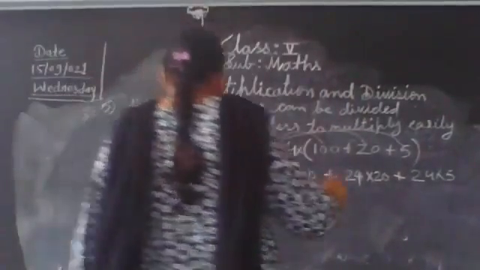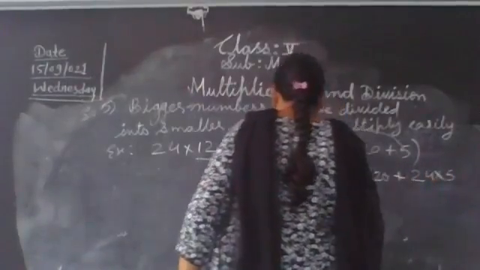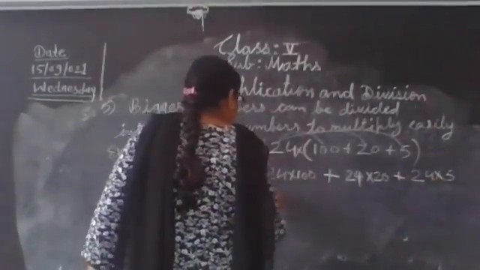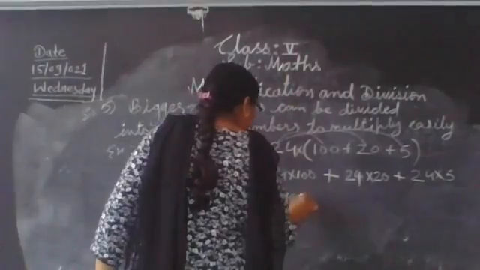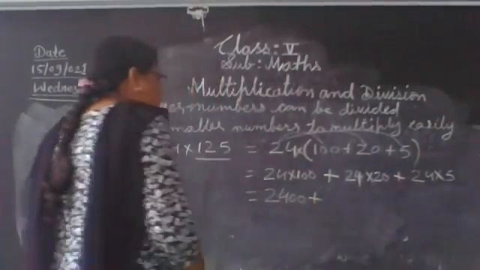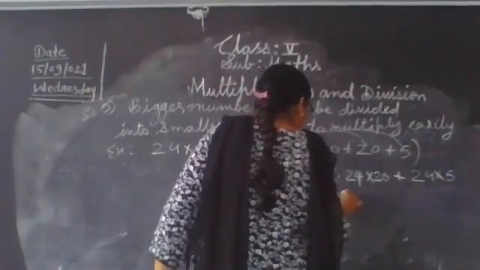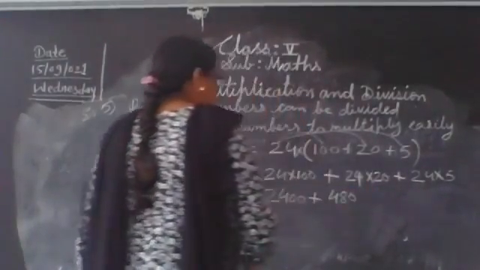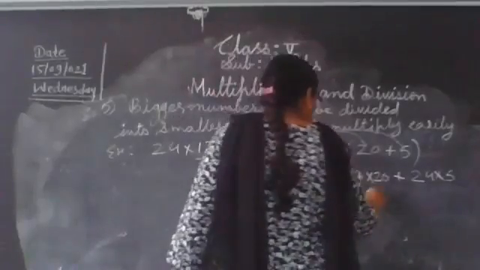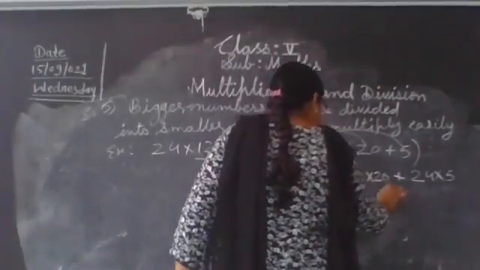See what you get. 24 into 100 is 2400, plus 24 twos are 48, so 480, and this 0. And 24 fives are 120.